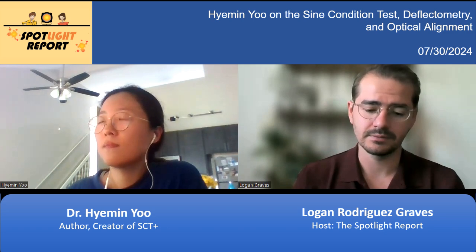We don't have to get into details, but you did 400 trials, and it started with an average of 11 microns with a standard deviation of 5 microns of this misalignment number. And after the alignment process, the SCT plus, it was 10 nanometers with a standard deviation of, pardon me, 6 nanometers. So like a dramatic improvement.